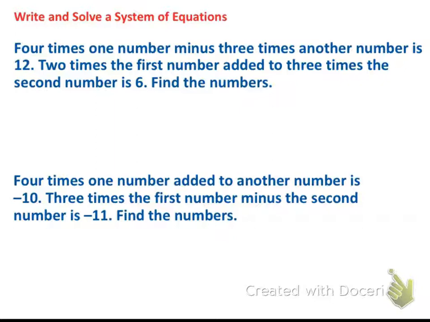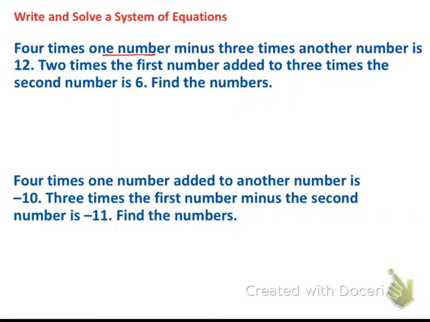Okay, so first problem here. 4 times one number minus 3 times another number is 12. And 2 times the first number added to 3 times the second number is 6. Find the numbers. These are super common types of problems that you'll see on SATs and things like that. So what we're going to do is write 2 systems of equations because we have 2 different numbers. Okay?